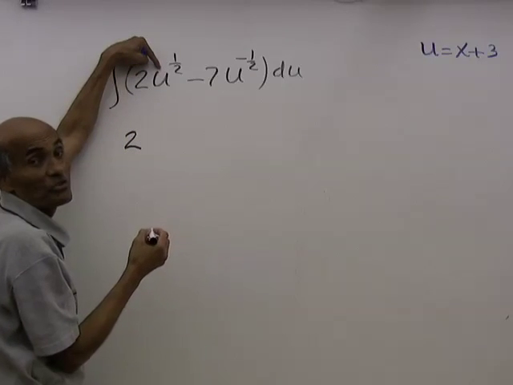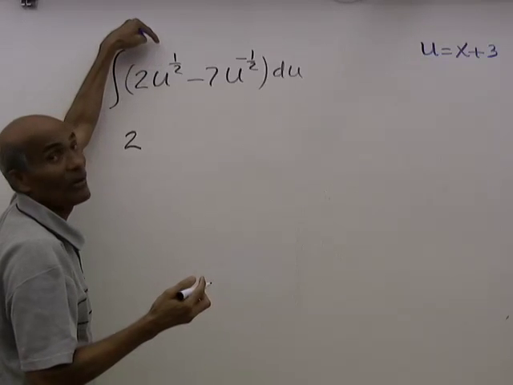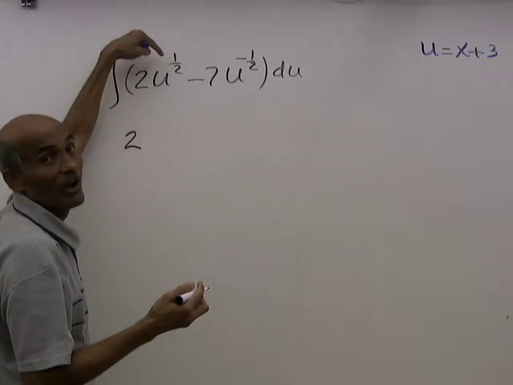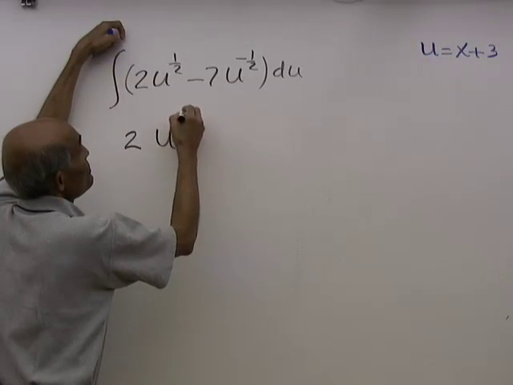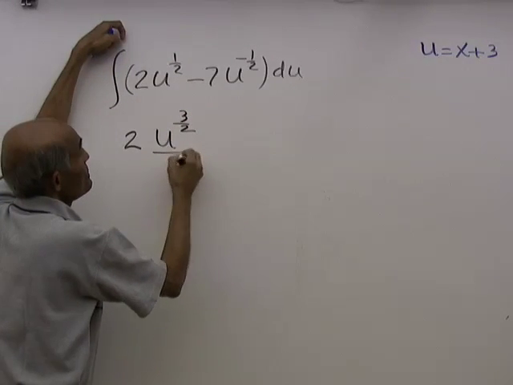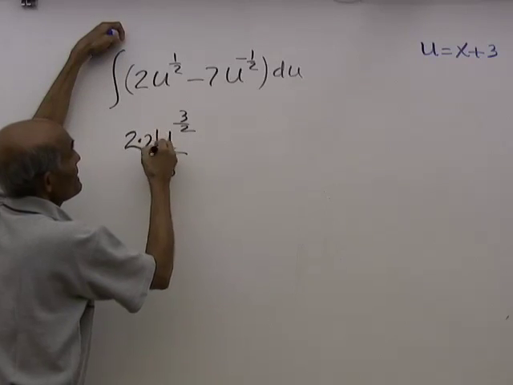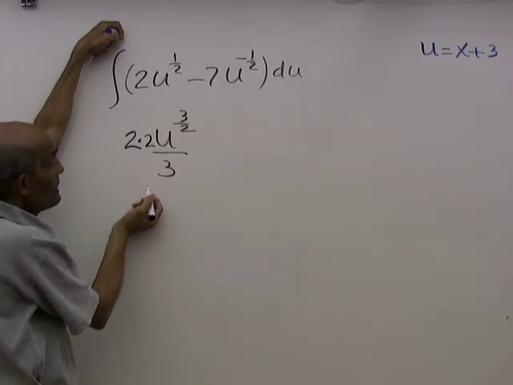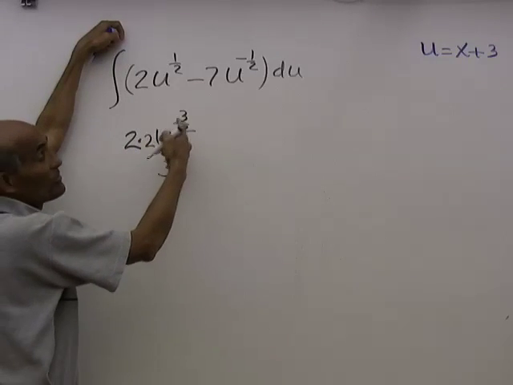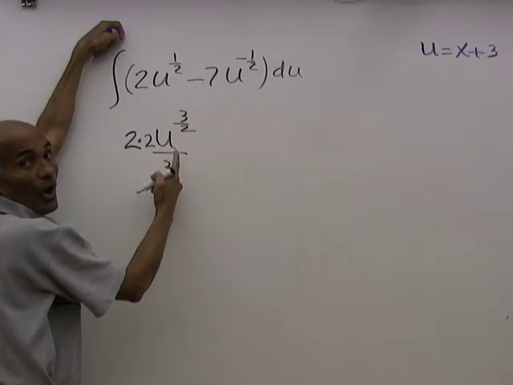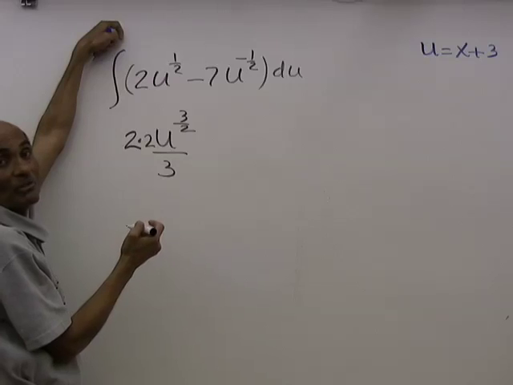The integral of u to the power of 1/2, use the power rule, is u to the power of 1/2 plus 1 over 1/2 plus 1, which is u to the power of 3/2 over 3/2. Look at the way I'm going to write it. The 2 in the denominator will go to the numerator and multiply.